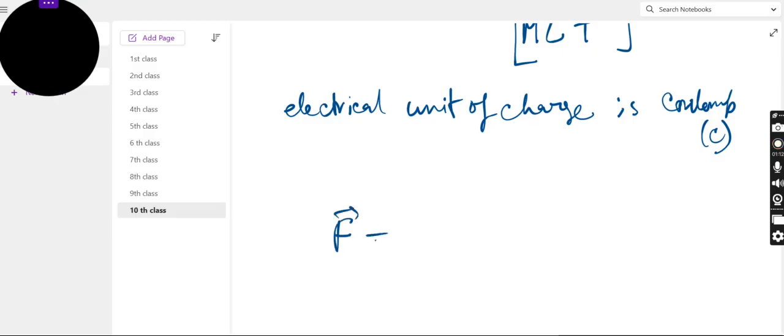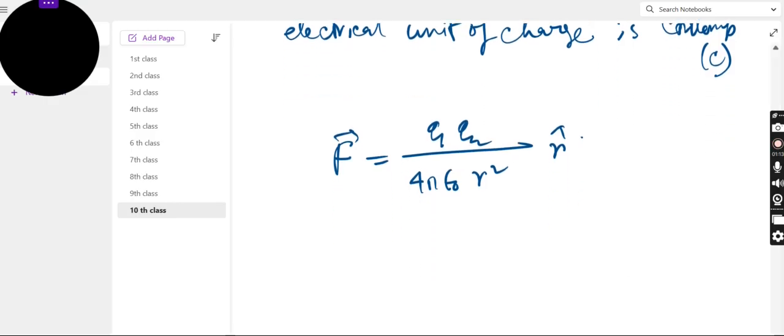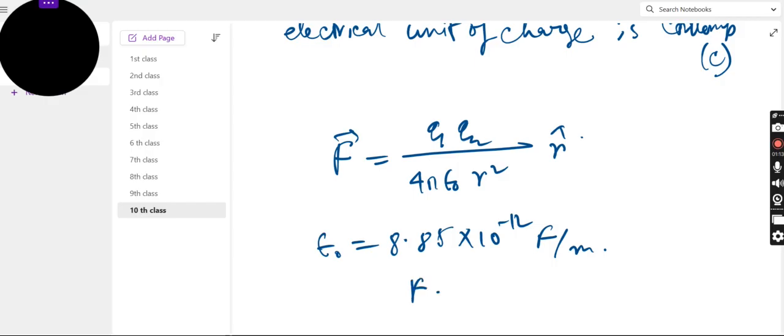So we know Coulomb's law, force is basically Q1 Q2 over 4 pi epsilon r squared. Here we know that epsilon naught is 8.85 into 10 to the power minus 12 farad per meter, which is farad is also coulomb per volt.